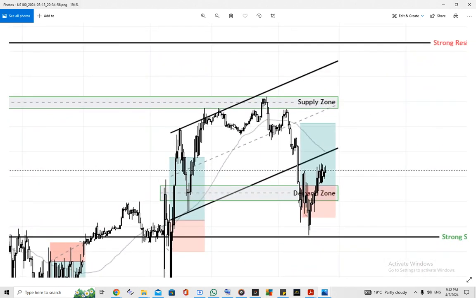Let me zoom in a bit. This is the Tokyo session here. As you can see, price is just making these small candlesticks, not going anywhere. So this is accumulation. Then what follows is the manipulation of price. It's either price will be pushed to the upside to induce the buyers, then suddenly start dropping.